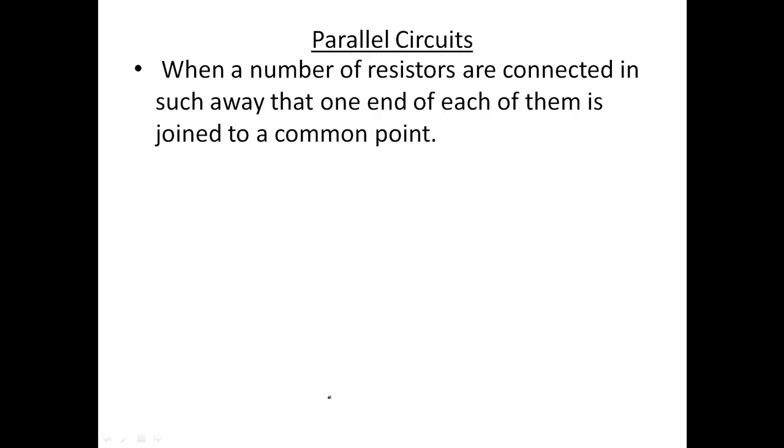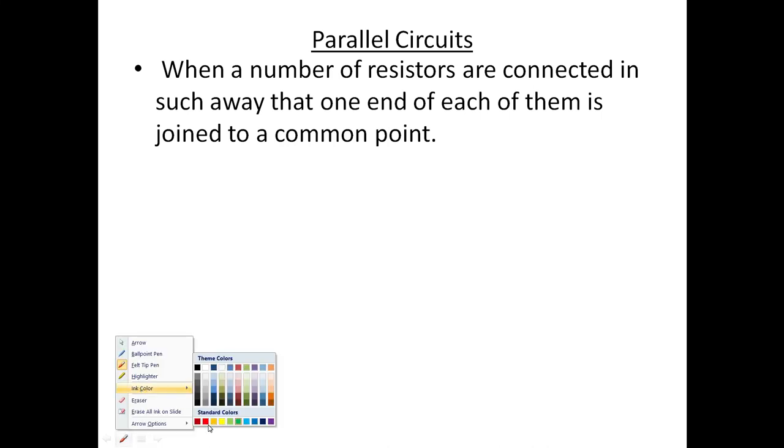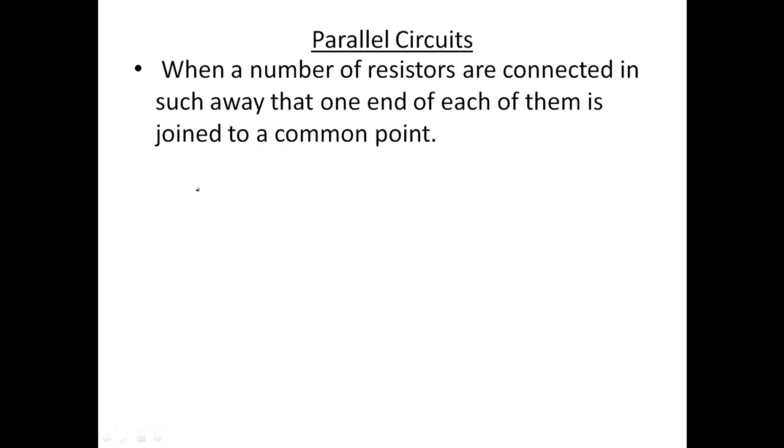Now we'll come to the parallel circuit. When a number of resistors are connected in such a way that one end of each of them is joined to a common point, that is referred to as a parallel circuit. Now we'll draw a parallel circuit.